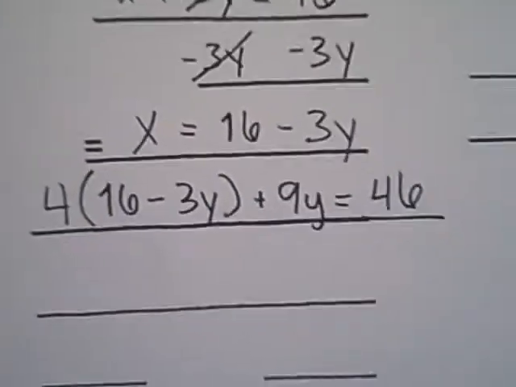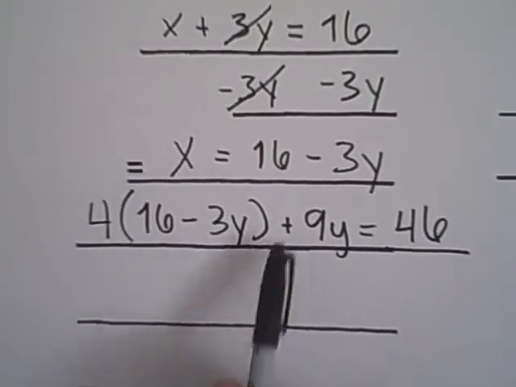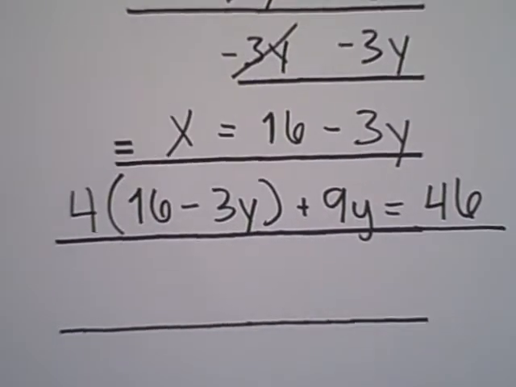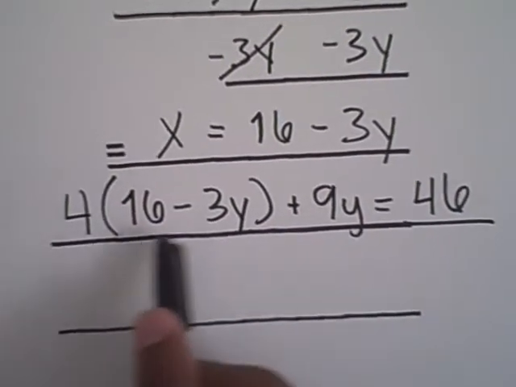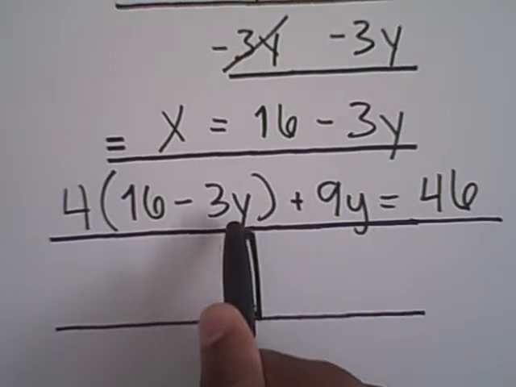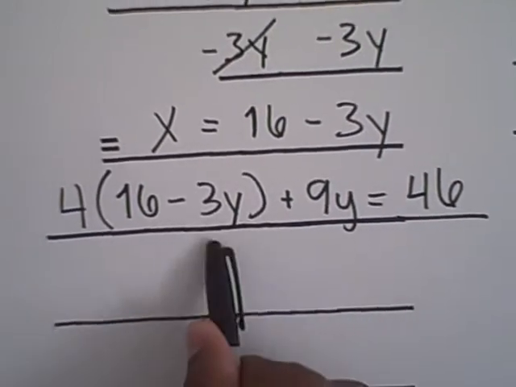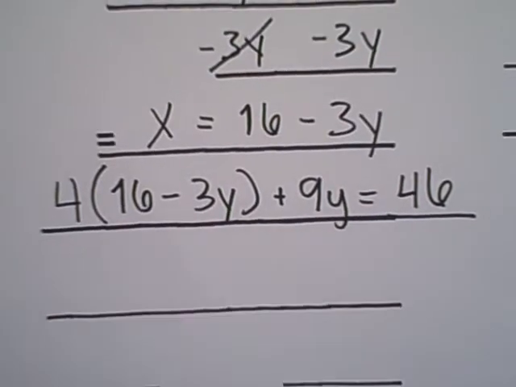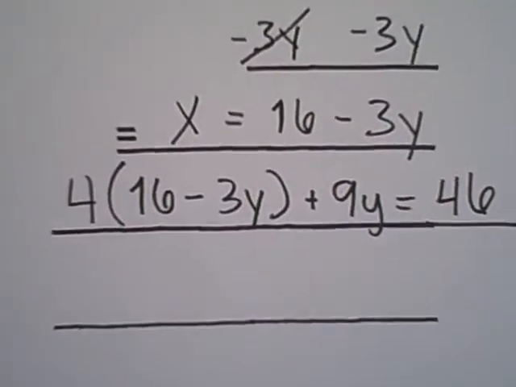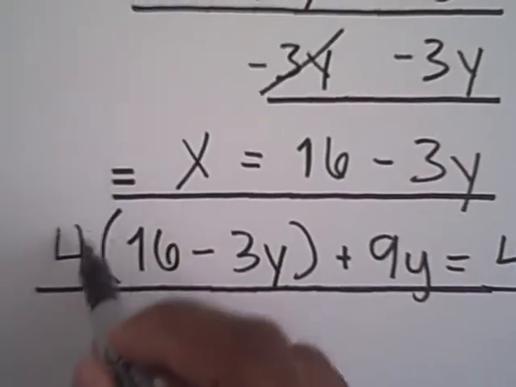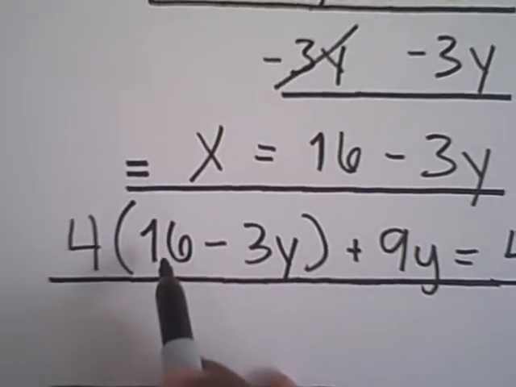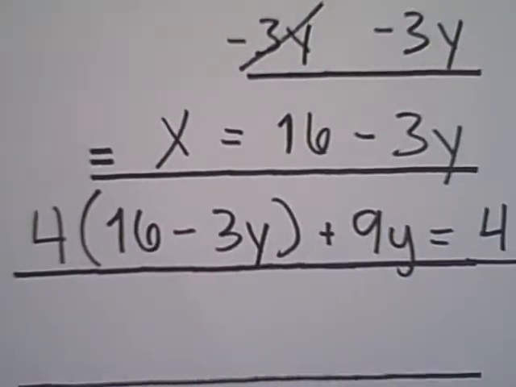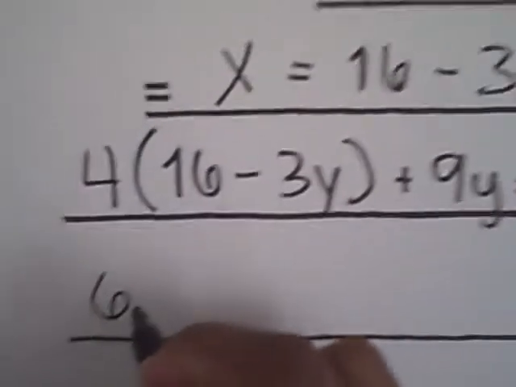Okay, now that we have our new equation, we have to solve for the variable y. Since we have two y terms, which are 3y and 9y, we have to combine these. Next we multiply 4 times 16, which gives us 64.